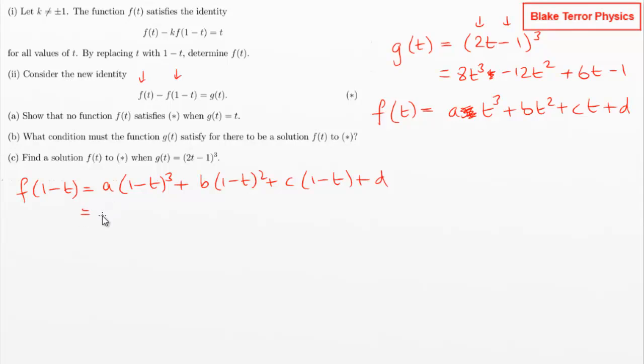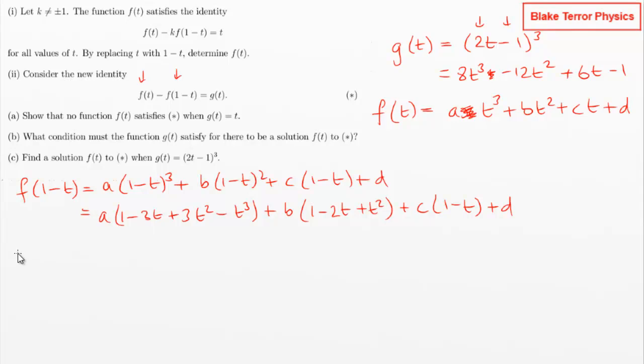So here then we're going to get a, this is going to be 1, then we'll have minus 3t plus 3t squared minus t cubed. Then we'll have b of 1 minus 2t plus t squared plus the c 1 minus t plus d. Right, that just makes it a little bit easier to look at.